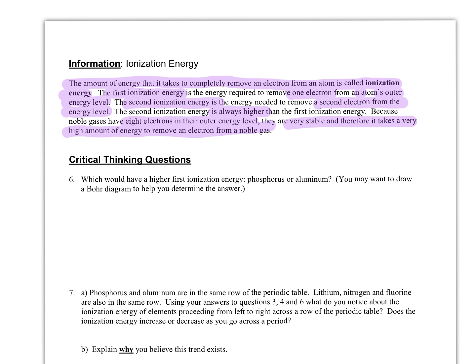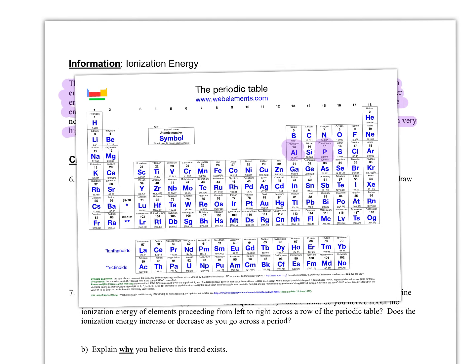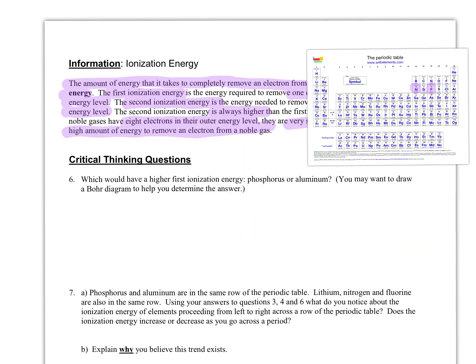So let's look at our question. Which would have a higher first ionization energy, phosphorus or aluminum? All right, so we need to go to the periodic table and let's see how many electrons those two have. So when we look at our periodic table, we see that aluminum's got 13 electrons and phosphorus has 15.